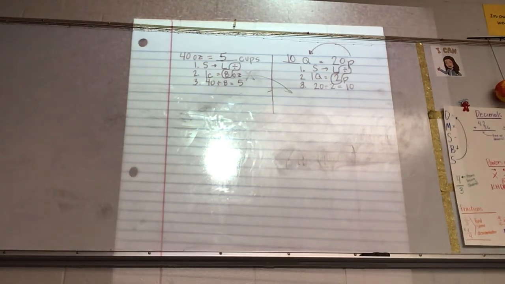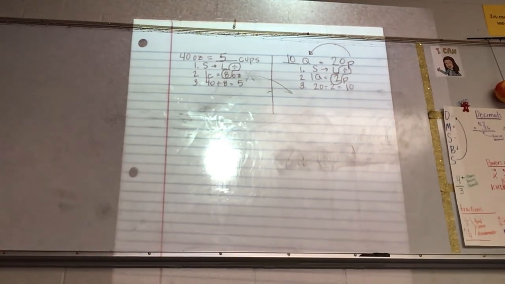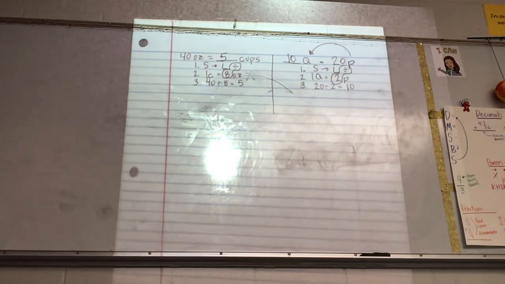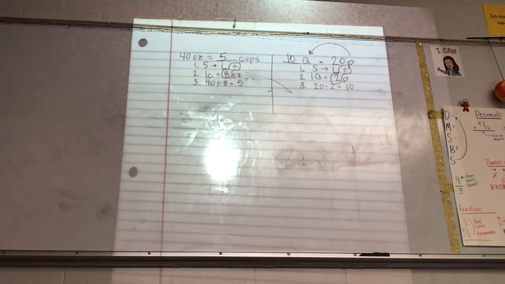If 1 quart has 2 pints, 2 quarts has 4, 3 quarts has 6, now we have 8. If we did it again, we would have 10. Would 10 quarts be 20 pints? Yes, right? Okay, any questions?